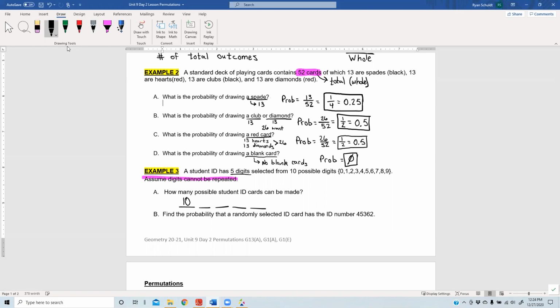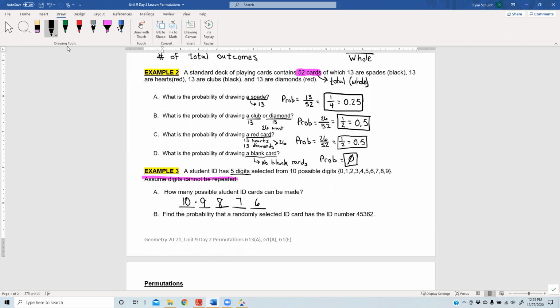Now, I've used 1, so how many are left? 9. Got my second digit, which means I've used 2. How many are left? 8. And then you just keep counting down. 7 and 6.